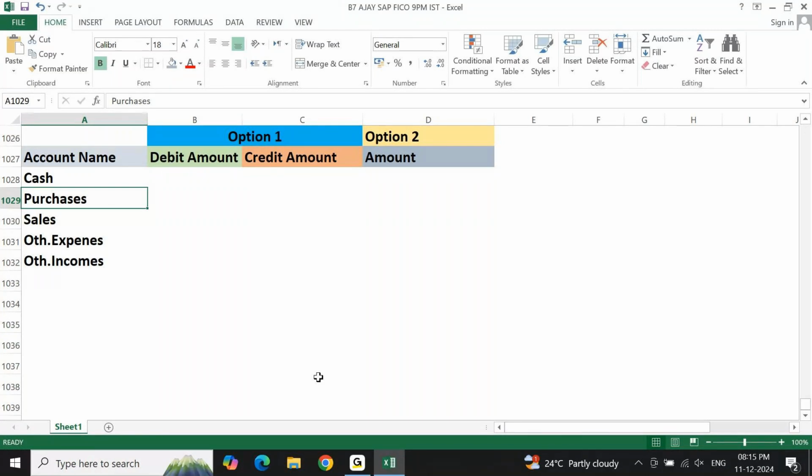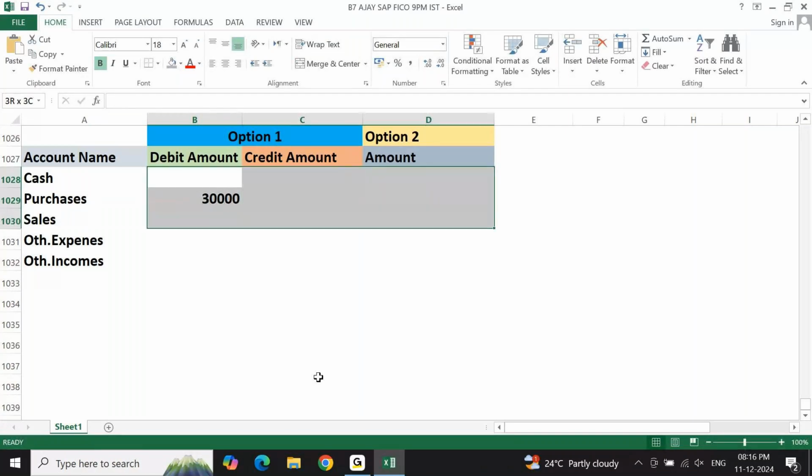In the accounting entry, purchase is on the debit side. If the accounting entry shows on the debit side, the accounting balance will become debit. So in the TB also, it will be debit side. So purchase amount on the debit side 30,000, because in my accounting entry, we have listed this on the debit side.